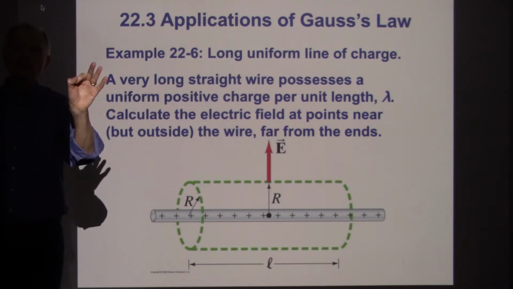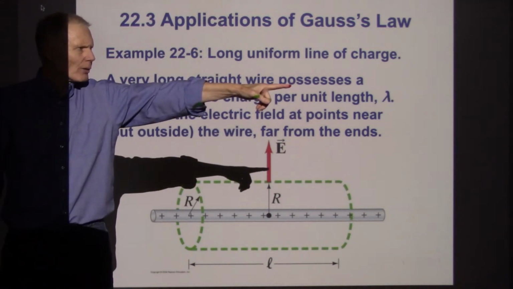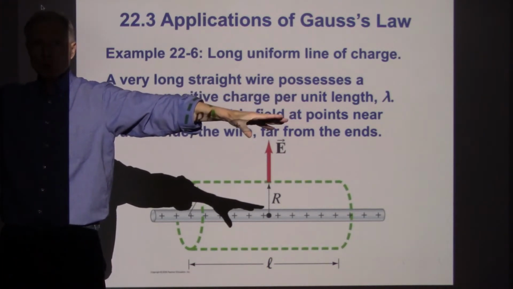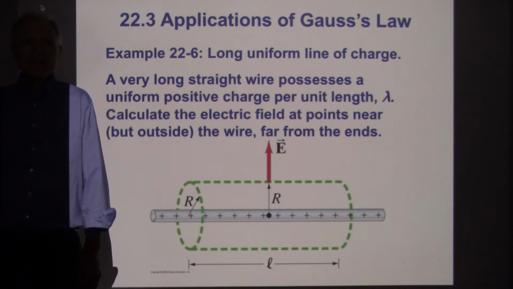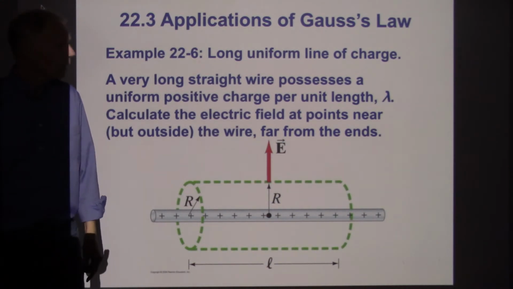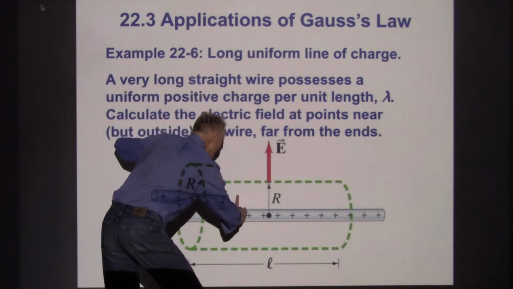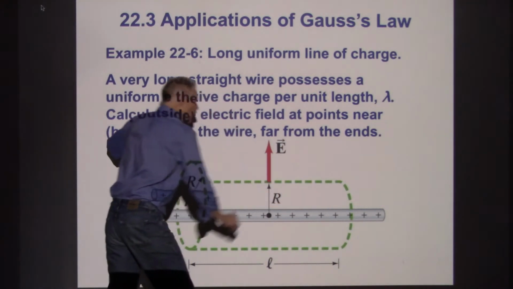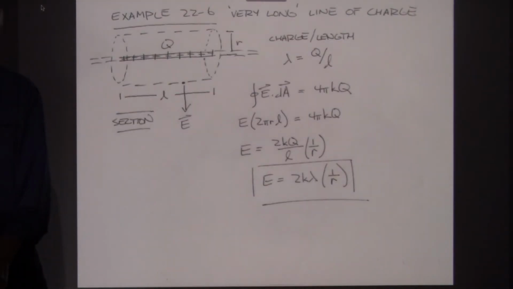If I can stand at a location near the wire where it looks like the wire's going on forever and it's charged, that gives me a lot of symmetry. If I'm in that region, then the argument I make is the E field must be directed perpendicular away from the surface of the wire, and that allows us to bring in Gauss's law.